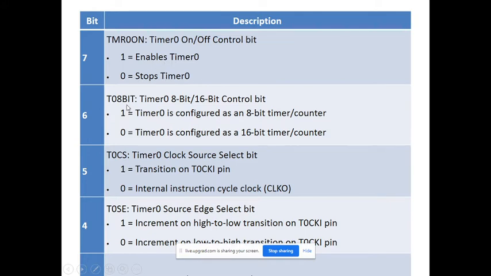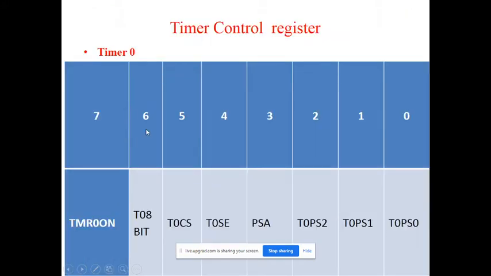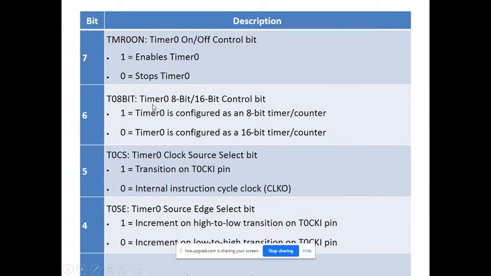Then next is bit number 6. Bit number 6 is timer 0 8-bit. We already declared that timer 0 can be used as an 8-bit timer or a 16-bit timer as per our choice. One bit means only two combinations, either 1 or 0. Suppose I place 1 here, it means I am interested in using timer 0 as an 8-bit timer or counter.